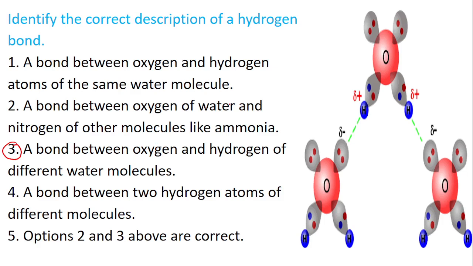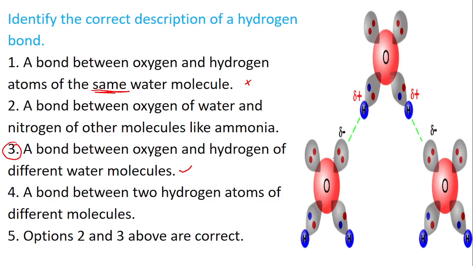So there is a common mistake between option 1 and option 3. Most people would go for option 1, but option 1 is wrong. The reason why it's wrong is because of the term saying same water molecule. A hydrogen bond doesn't take place within the same water molecule.